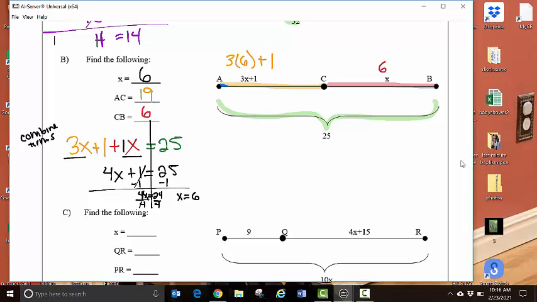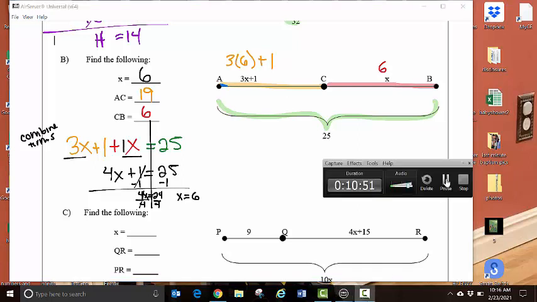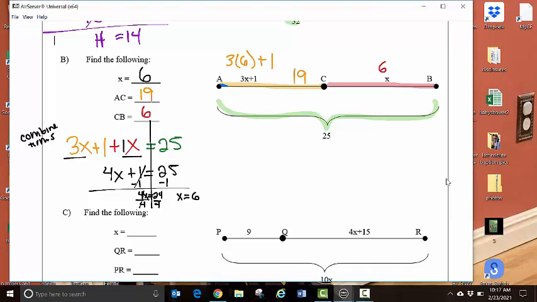Does anybody notice an issue with this? Exactly. The issue is that the picture is not to scale. It is claiming that this is 6 units long, but this one right here is 19. Be careful, sometimes the pictures don't match what it says. Really, it should have been like 19 and 6, right? You got to be careful that the picture matches.